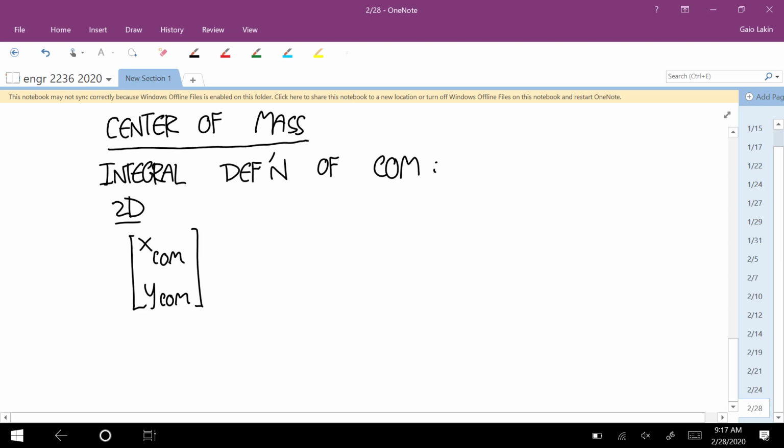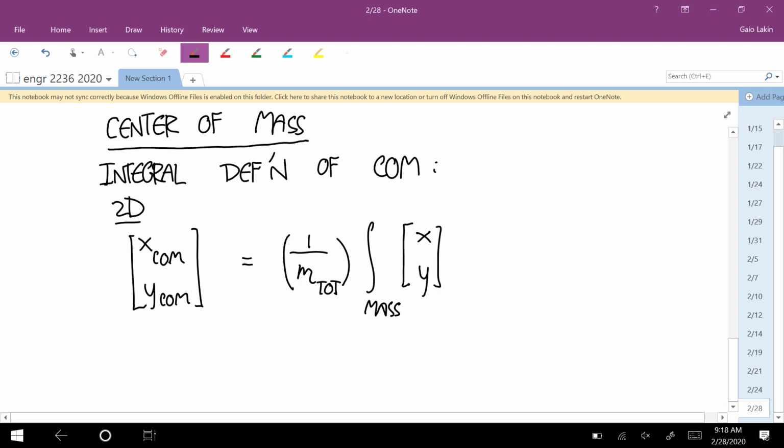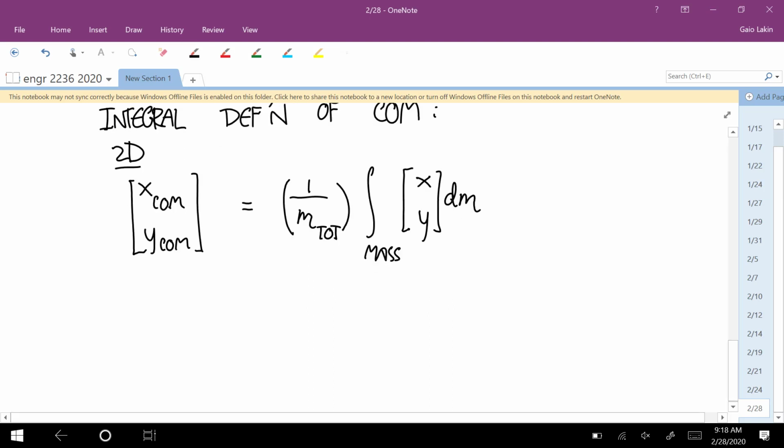You choose a coordinate system, and these would be the coordinates of the center of mass, equal to 1 over the total mass times the integral over the whole body, over that whole mass, of the x, y positions of some infinitesimal increment of mass, times dm. And in 3D, the only thing that changes is that we have 3 of these coordinates instead of 2.